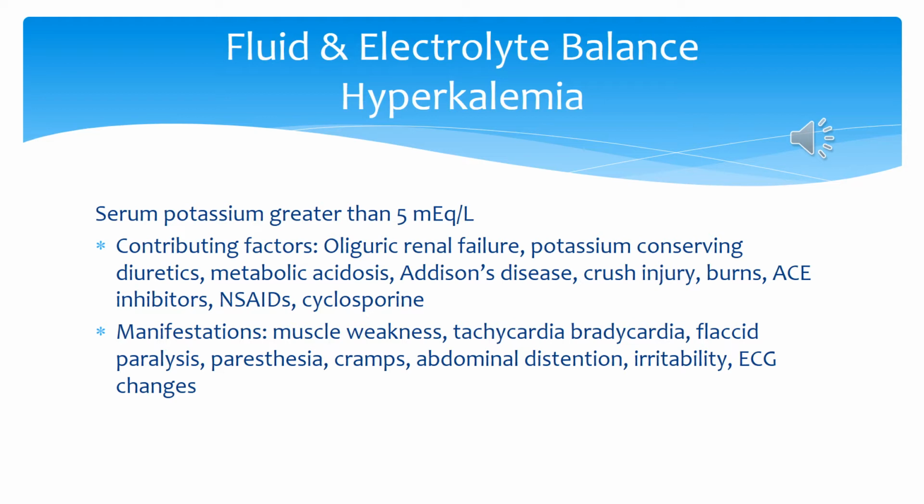In hyperkalemia, the serum potassium is greater than 5 milliequivalents per liter. There are contributing factors: oliguric renal failure, use of potassium-conserving diuretics in patients with renal insufficiency, metabolic acidosis, Addison's disease, crush injuries, burns, stored bank blood transfusions, rapid IV administration of potassium, and medications such as ACE inhibitors, NSAIDs, and cyclosporines.